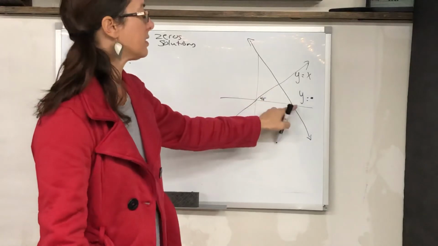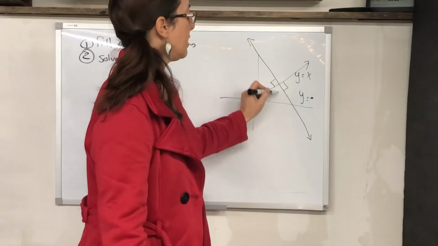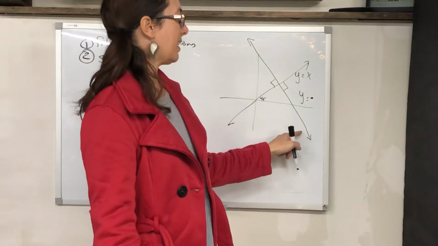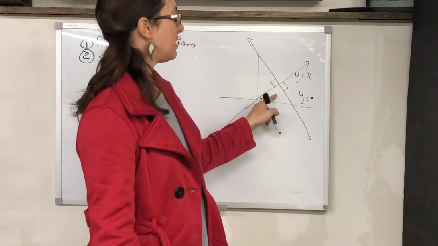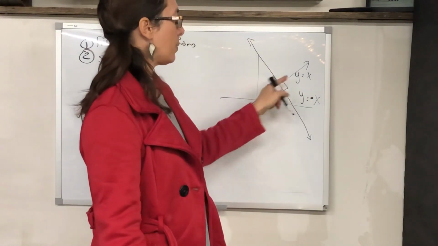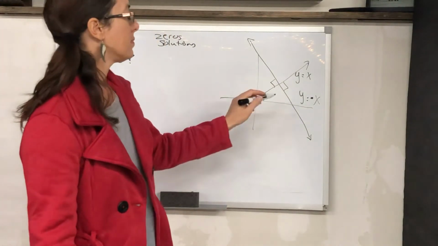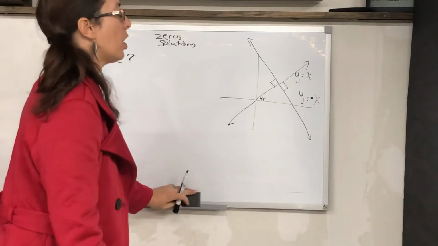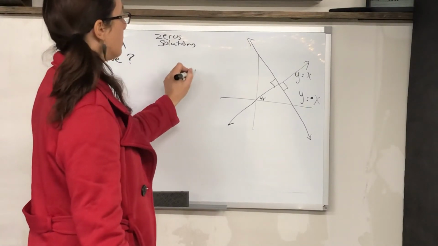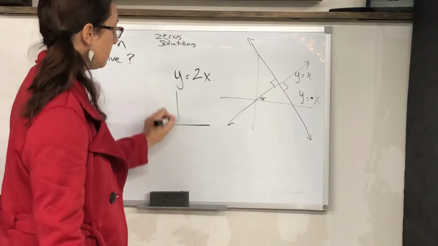So the difference in this one is that one line is positive, one line is negative. In this case, my line is going down exactly the same as it's going up, so y equals negative x. These cross where they are perpendicular. If I have y equals 2x, let's look at this line.